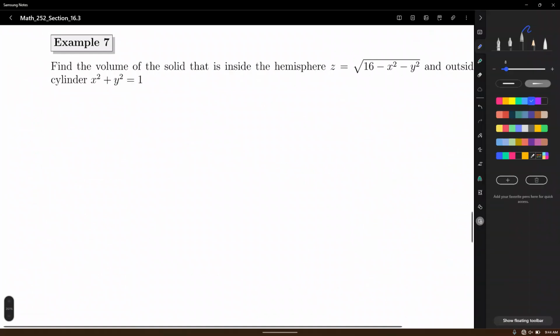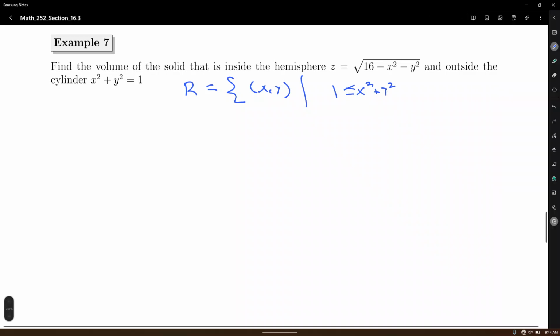For the domain R of integration, that is all the pairs xy such that x squared plus y squared is between 1 and 16, in a compact way. So inside the circle of radius 4 and outside of the circle of radius 1. That's what this means essentially.